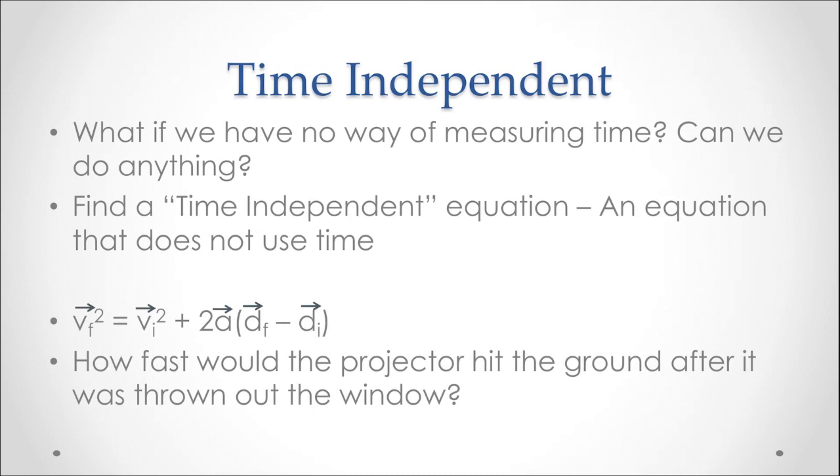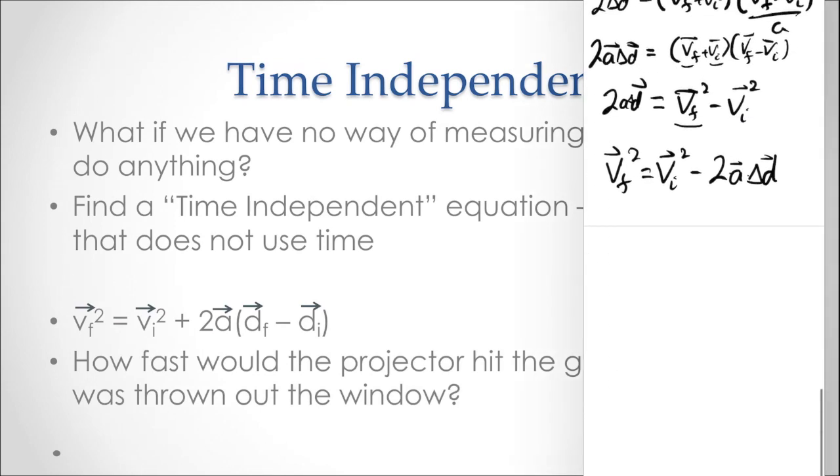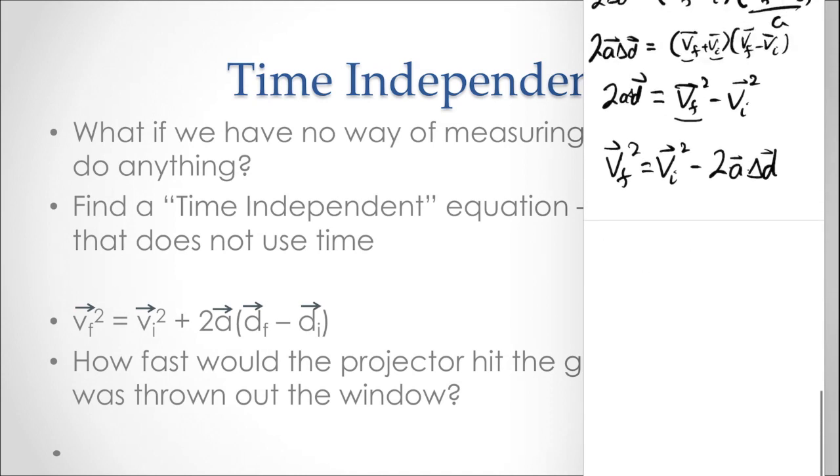In this situation, we do not know how long the projector spent in the air, but we do know the initial velocity, the acceleration, and our change in displacement, so we can find our final velocity. To do so, we will start by writing down everything that we know. Here we know our initial velocity, because we dropped this projector, will be 0 meters per second.